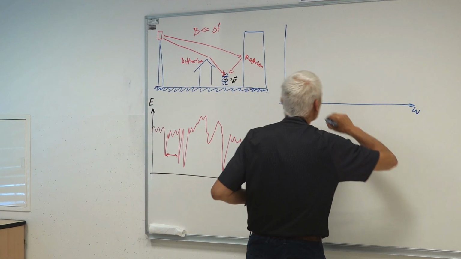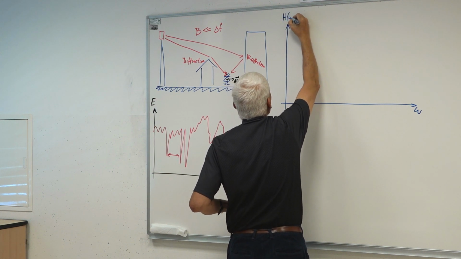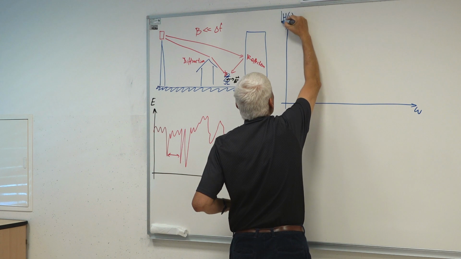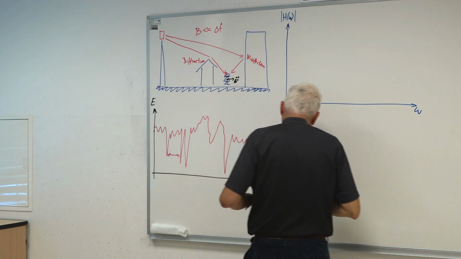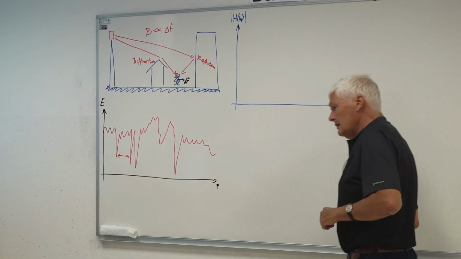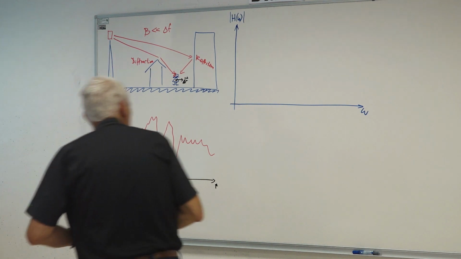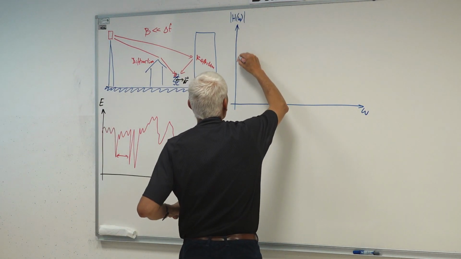So we have here the frequency omega, and here we have H of omega, and mainly we are interested in the magnitude, though we may have to correct the phase as well. And here we also have a certain frequency dependence.